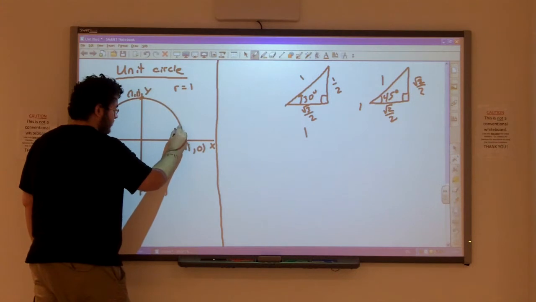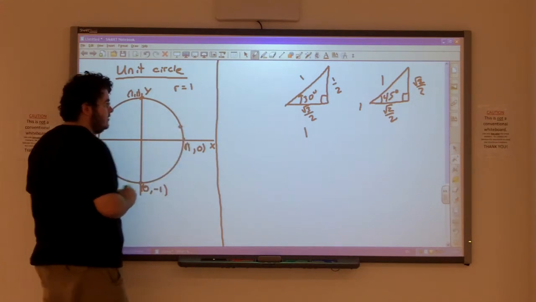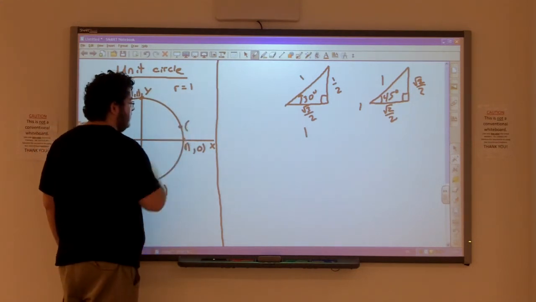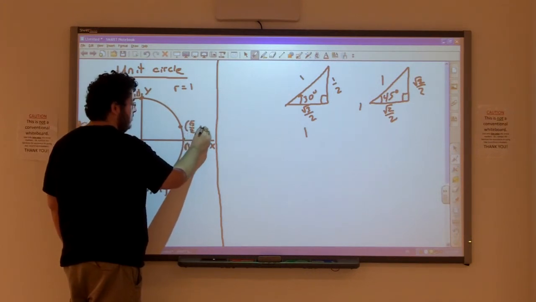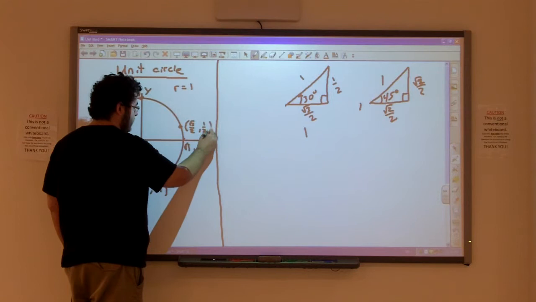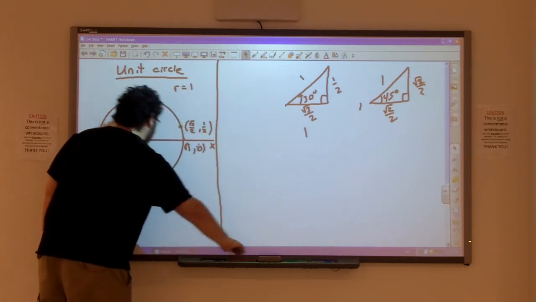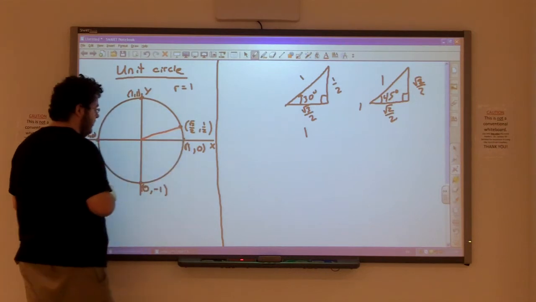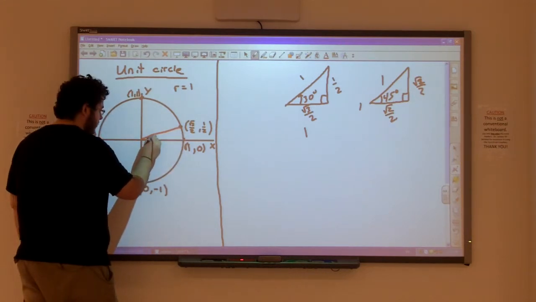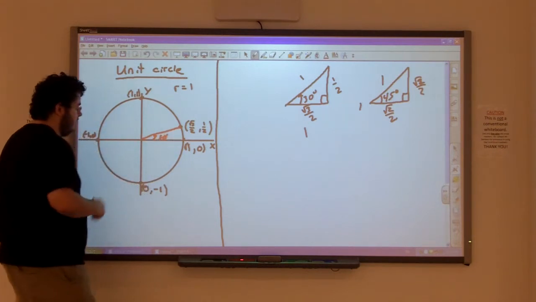So let's take a point, and let's say that it is at square root of 3 over 2, 1/2. Well, if we were to draw a triangle to that point, we would know that this is a 30-degree angle.